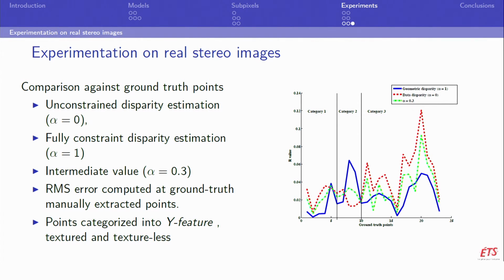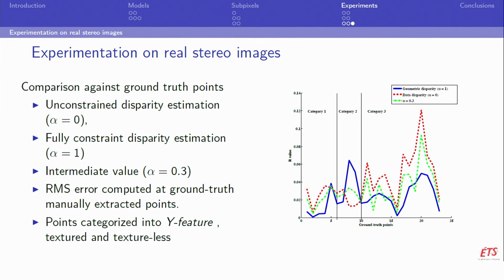Here we are presenting the results for the three categories of pixels: textureless, geometric disparity, close to the Y features, and regions where there is texture, showing effectively that at some points it's better to have the data term, and at some points the geometric information is more important.